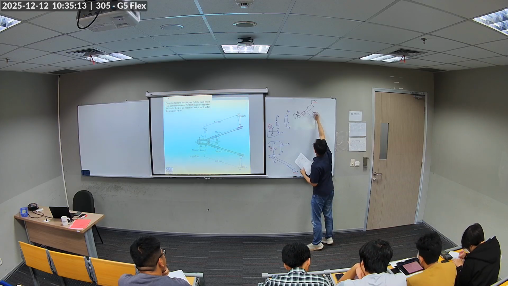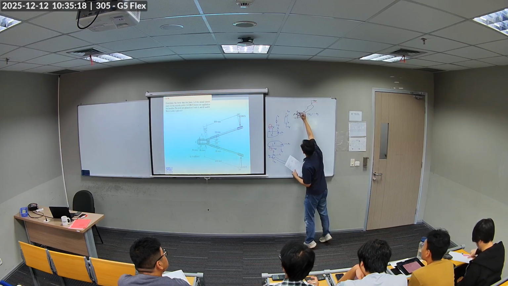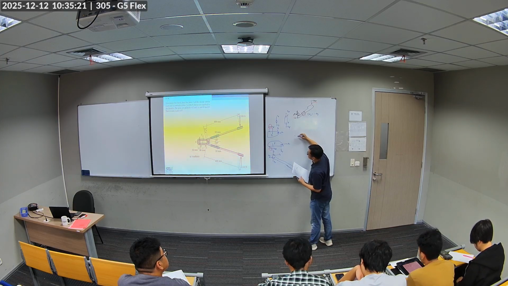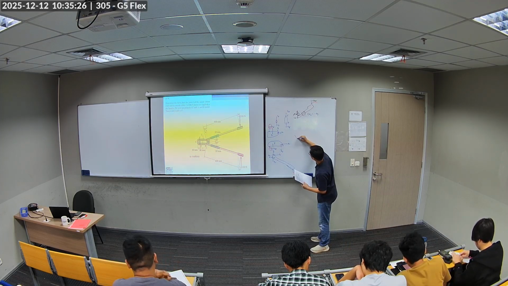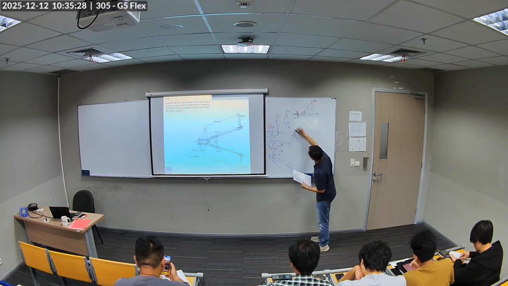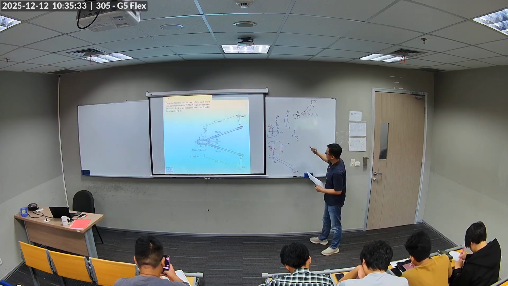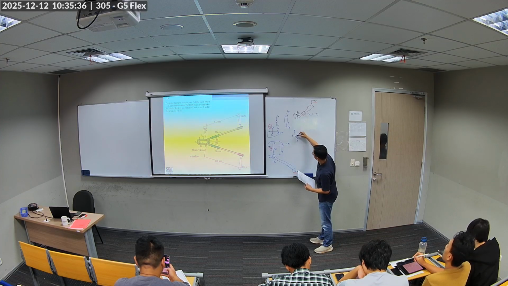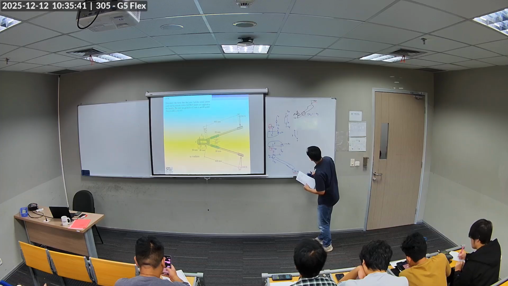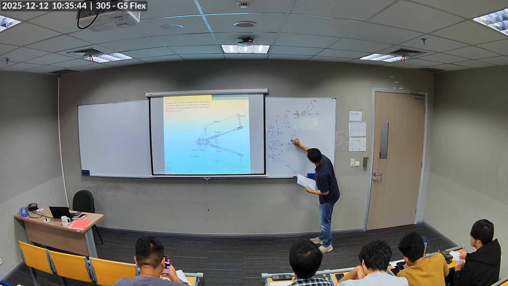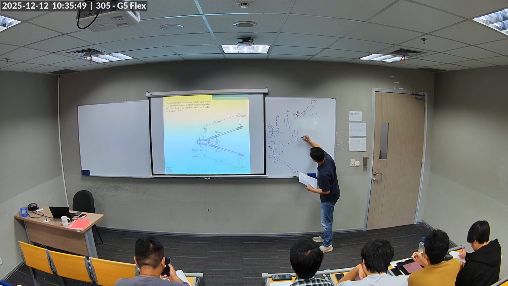So you have clockwise, and the moment arm, I have to draw this. You have 20 millimeters. This is 20. And the angle is also 20. So this distance is 20. And this is also 20 degrees.